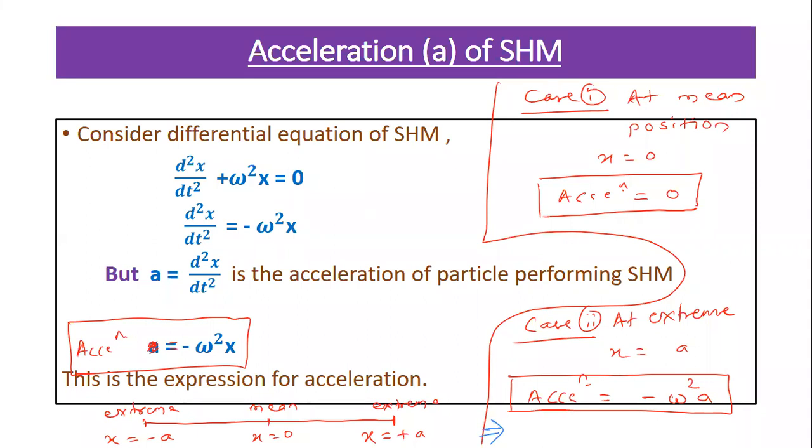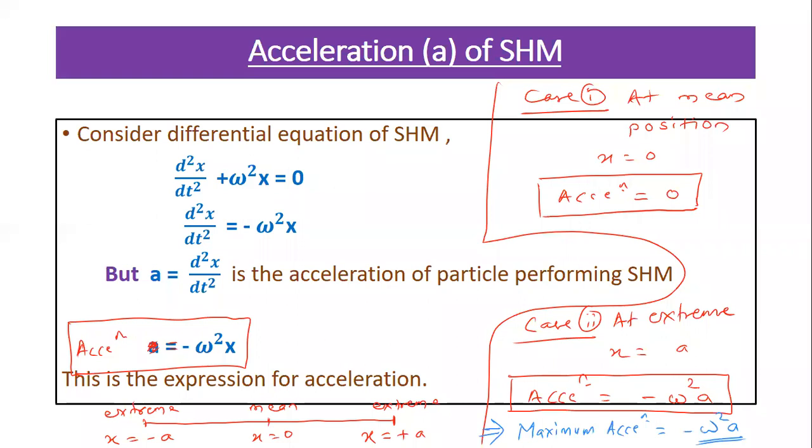This acceleration at extreme is also called maximum acceleration, and the formula for maximum acceleration is minus omega square a. In a problem, if you are asked to find the maximum acceleration, you have to find omega square a. I hope you understood this acceleration part.